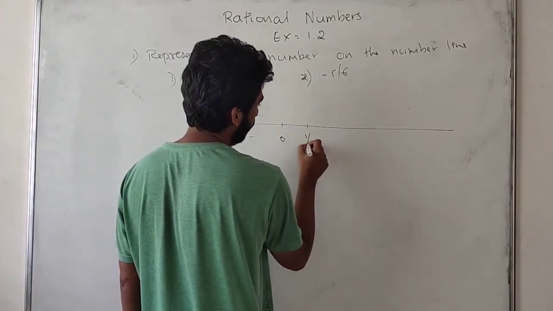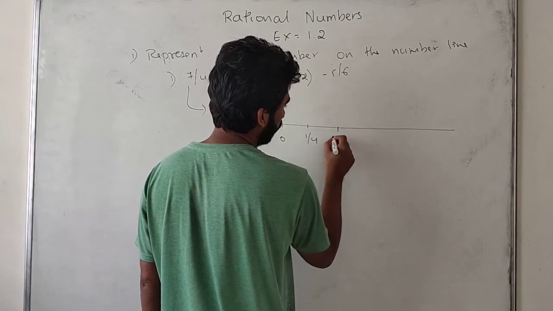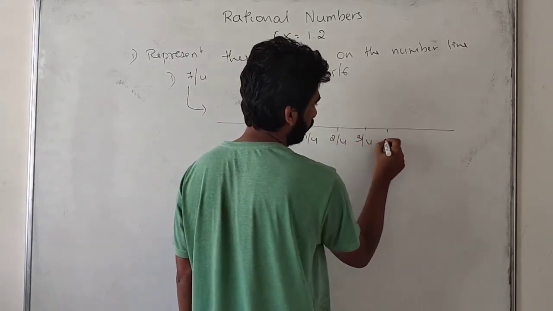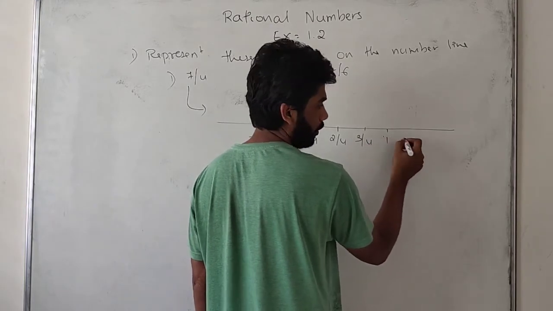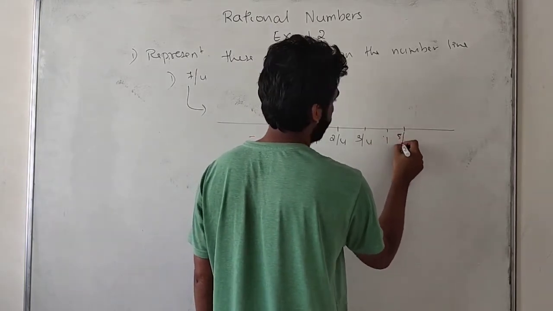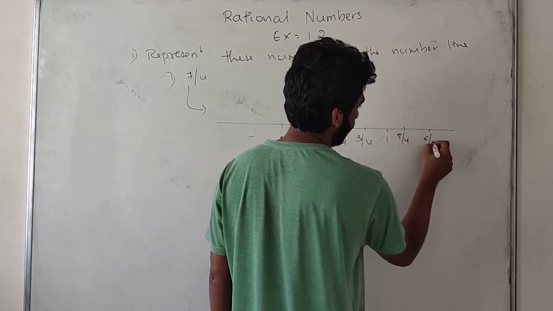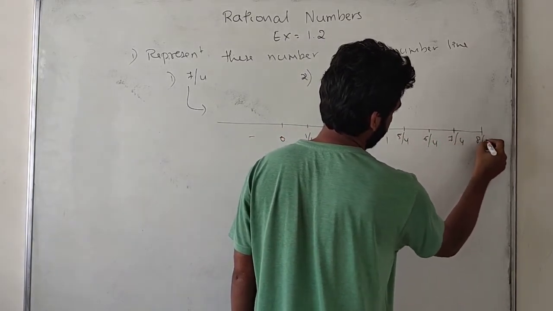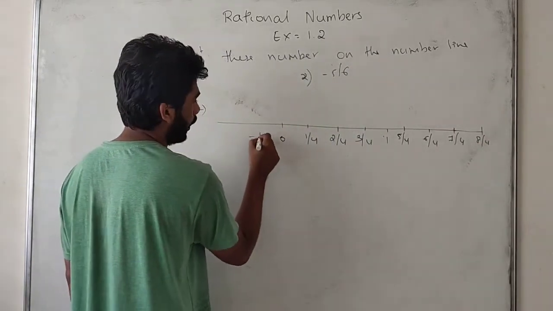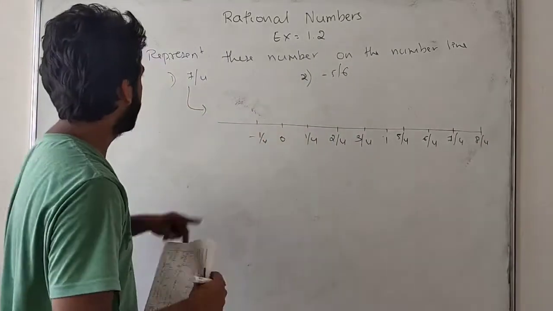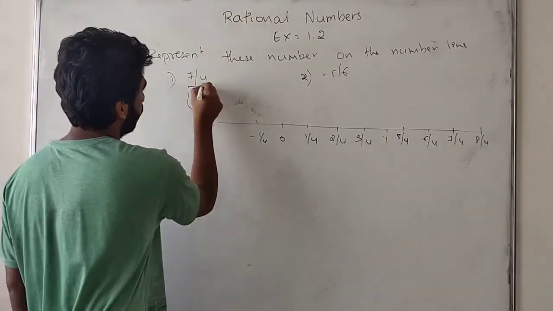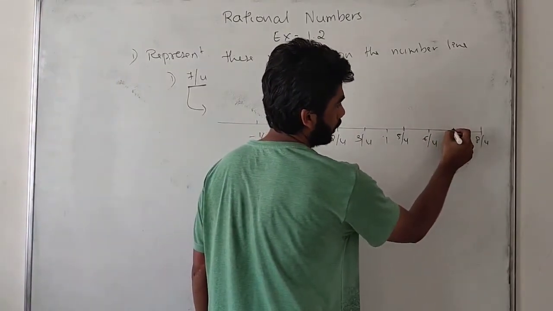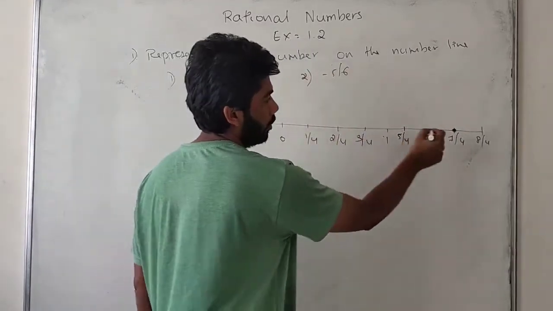So I write 1 by 4, 2 by 4, 3 by 4, 4 by 4 is 1, 5 by 4, 6 by 4, 7 by 4 and 8 by 4. Leave the negative side. What is represented here is 7 by 4, so 7 by 4 will come here. This is the point we are representing on the number line.